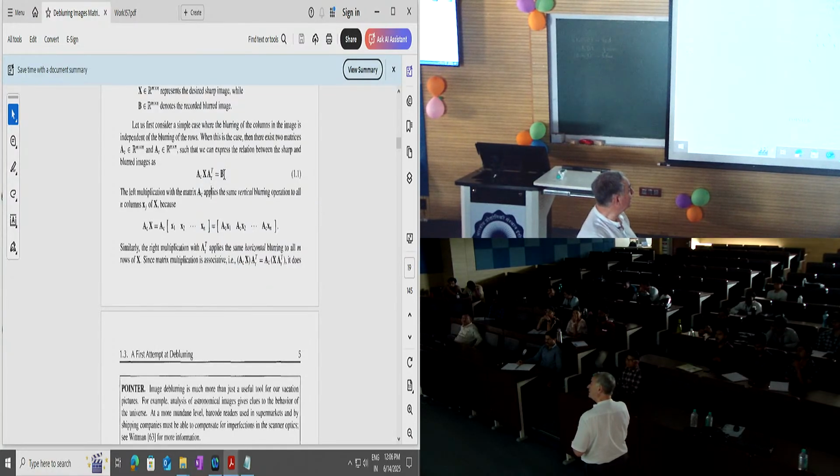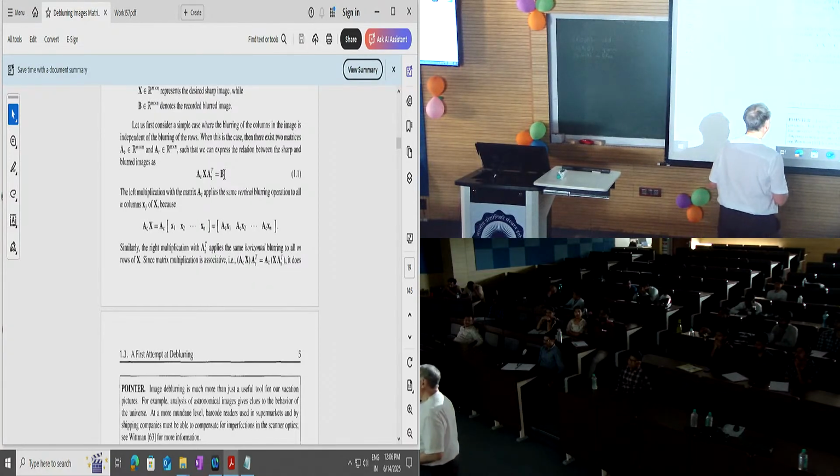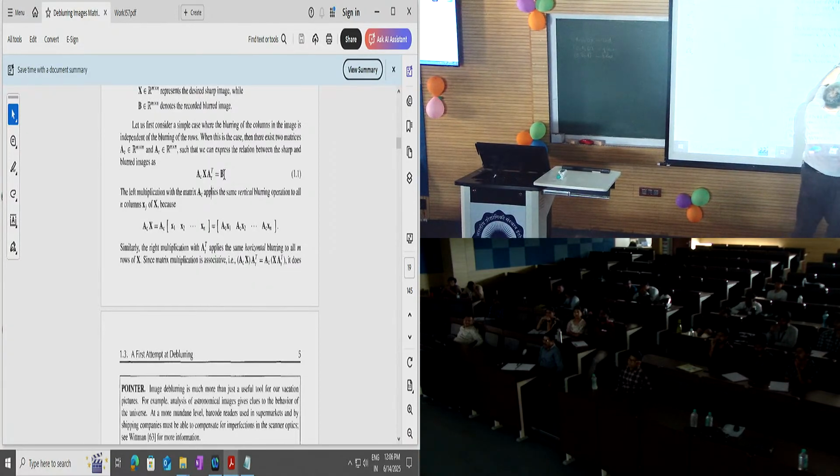From the right it corresponds to horizontal moving, which changes rows.